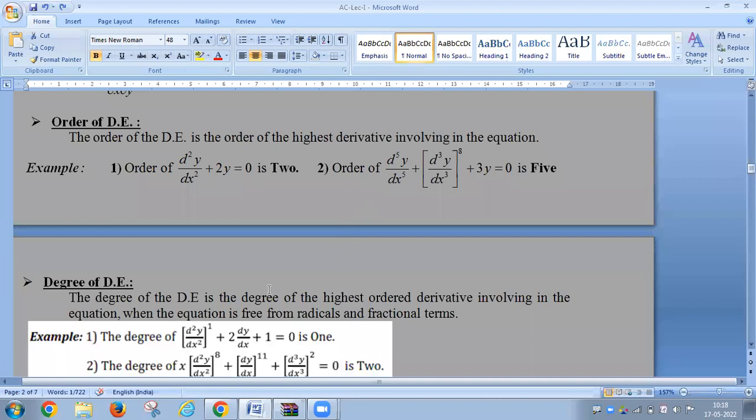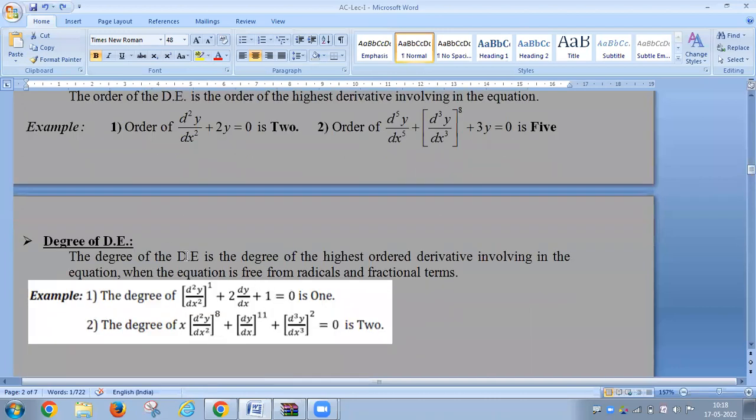Okay, next, degree of a differential equation. The degree of the differential equation is the degree of the highest derivative involved in the equation when the equation is free from radicals and fractions.